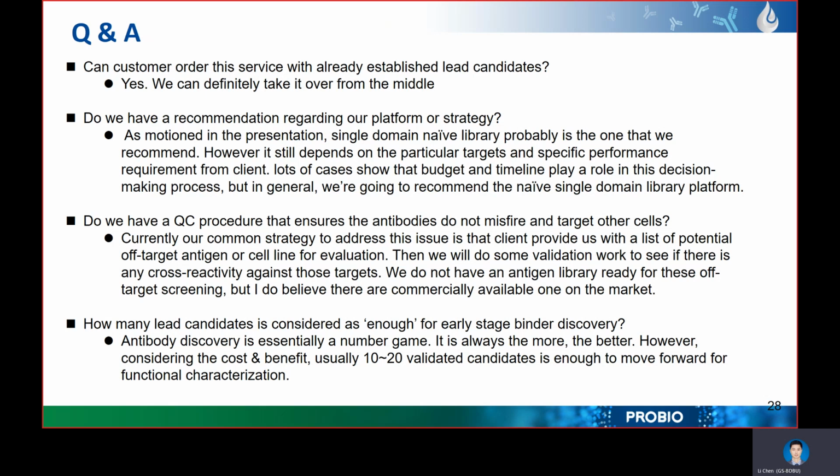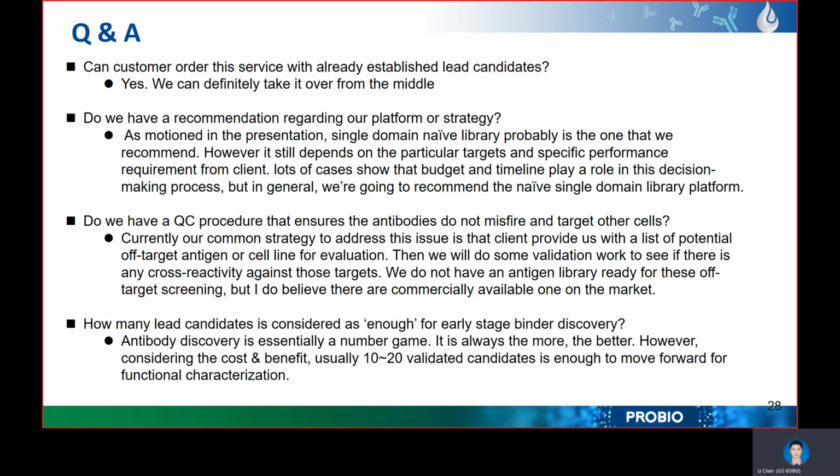The third question is, do we have a QC procedure that ensures the antibody does not misfire and target other cells? Currently, our common strategy to address this issue is that the client provides us with a list of potential off-target antigens or cell lines for evaluation.